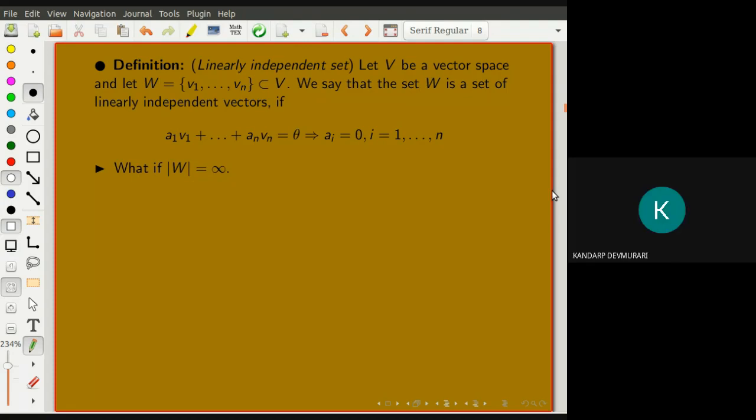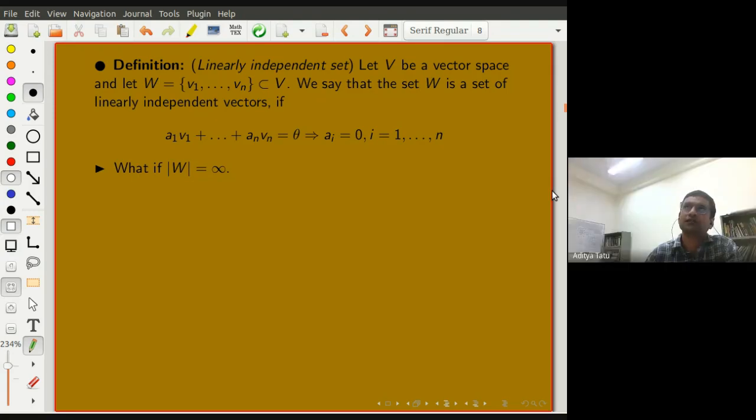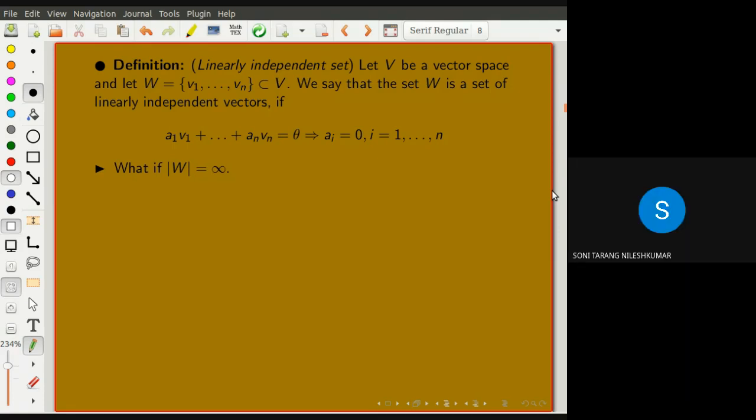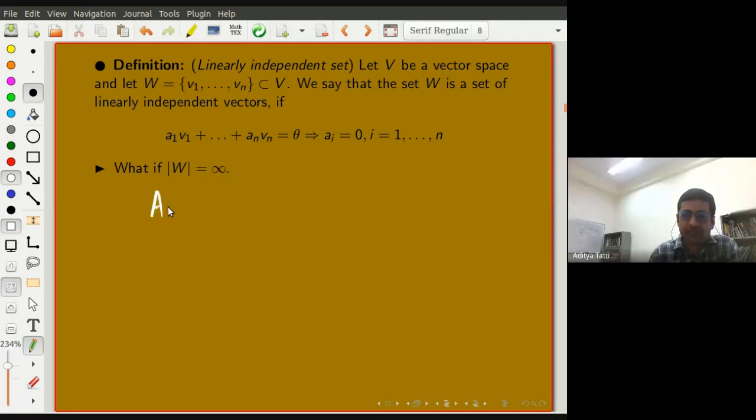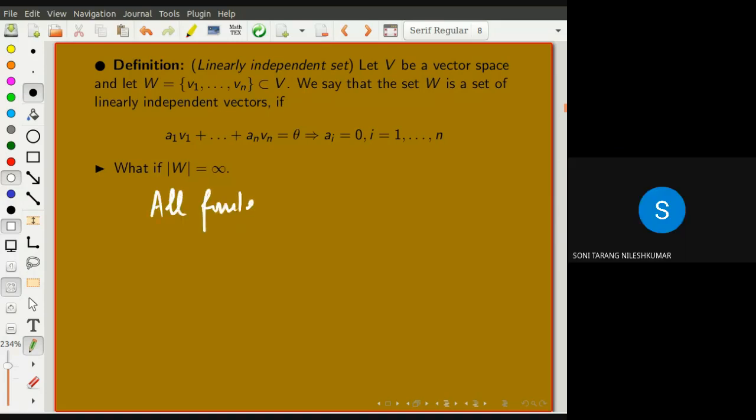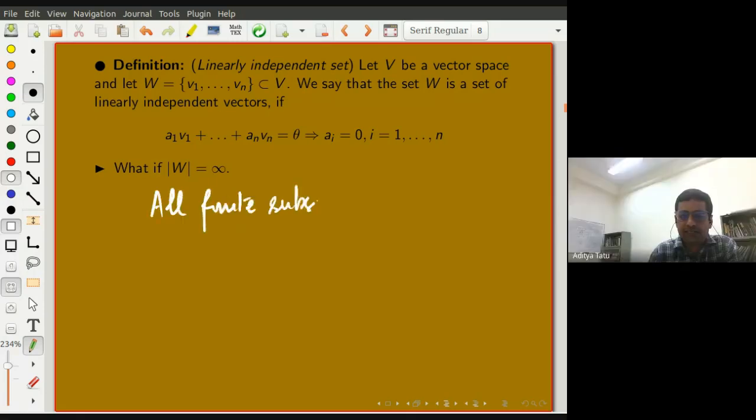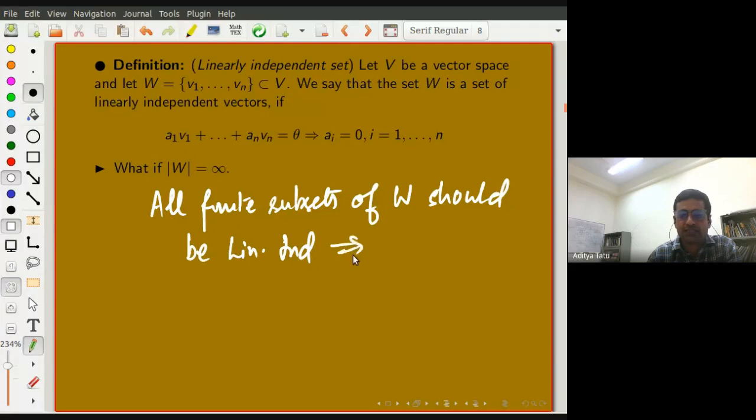All the subsets of W are linearly independent. No, you missed one important adjective: all finite subsets. All finite subsets of W should be linearly independent. Then we say that W is linearly independent.